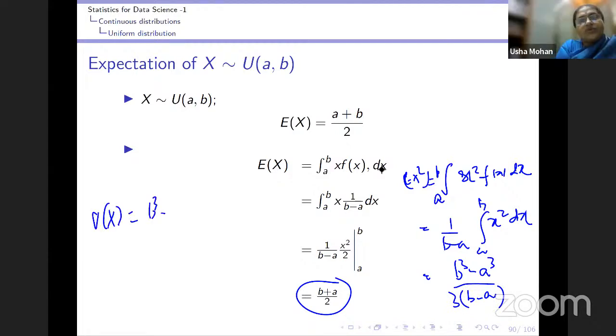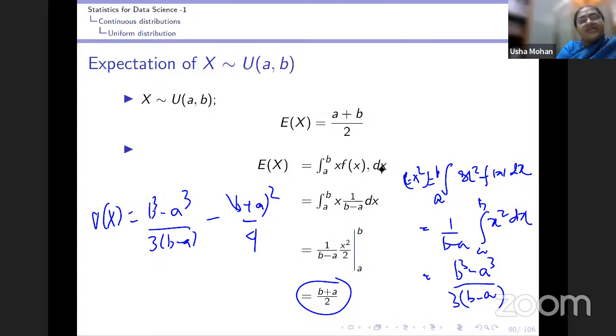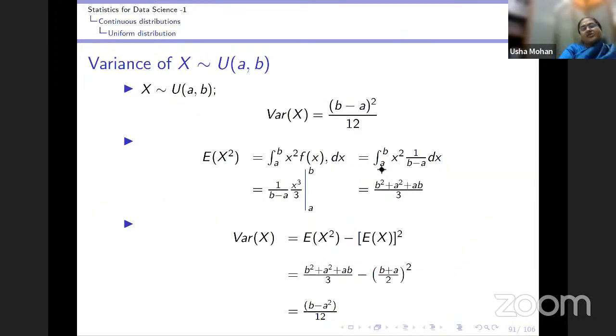It would be b cube minus a cube by 3 into b minus a, minus b plus a whole square by 4, the expectation of x whole square. Now, what is b cube minus a cube? You can check that you'll get b minus a whole square by 12. Is that clear? Yes, ma'am.